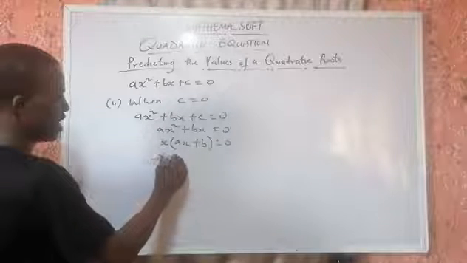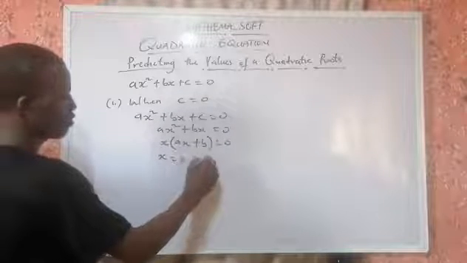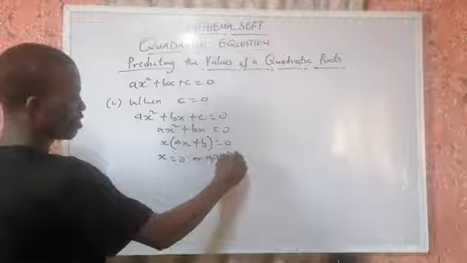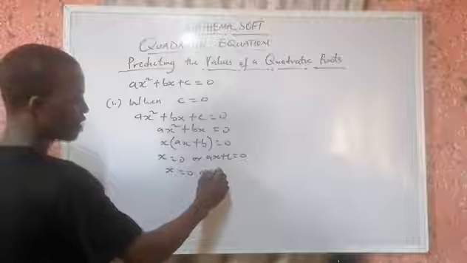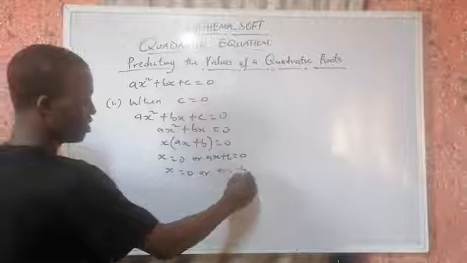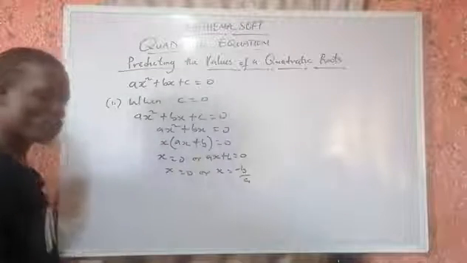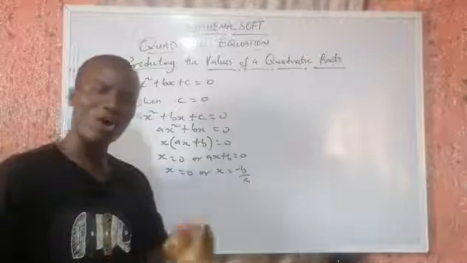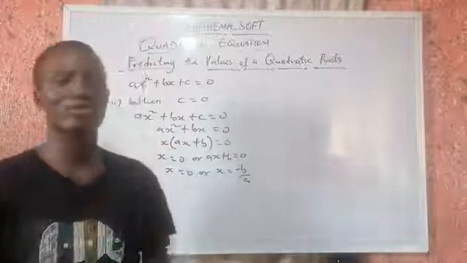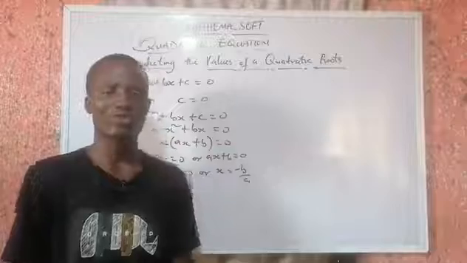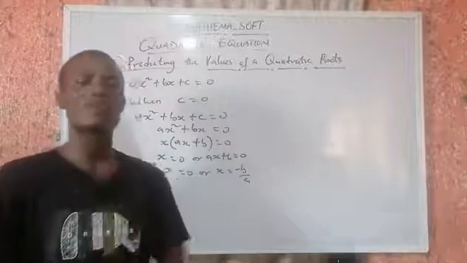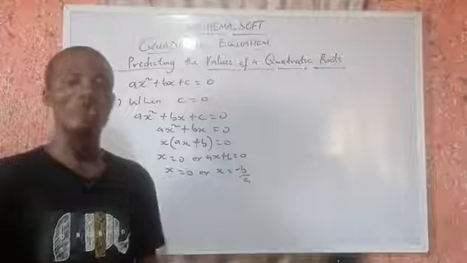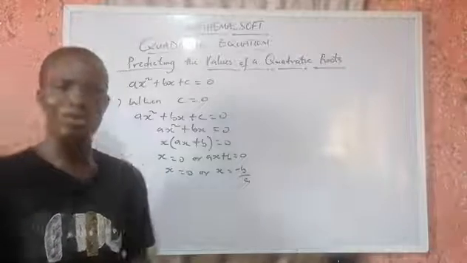Then we can say x equals 0 or ax plus b equals 0, so x equals 0 or x equals minus b over a. So whenever the constant of a quadratic equation, which is c, is equal to 0, one of the roots will be 0 and the other root will be minus b over a.